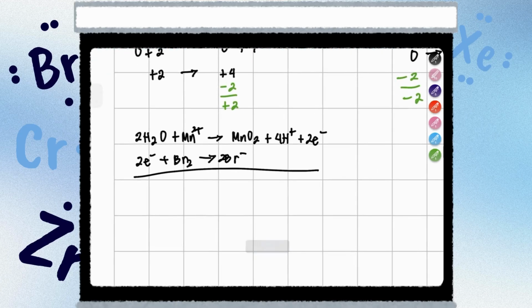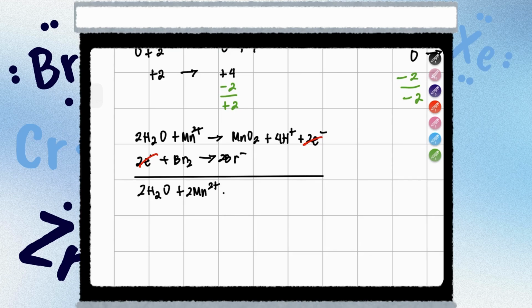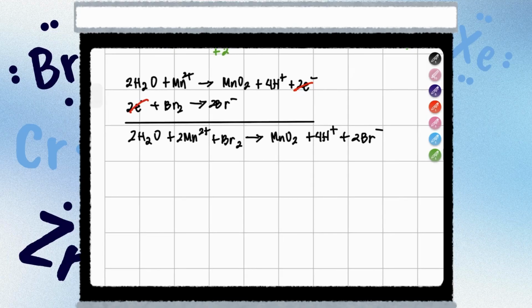So, let's cancel out yung electrons natin since yun lang naman yung pwede nating i-cancel out. So, now we have 2H2O plus 2Mn plus 2 plus Br2, and then MnO2 plus 4H plus 2Br minus.